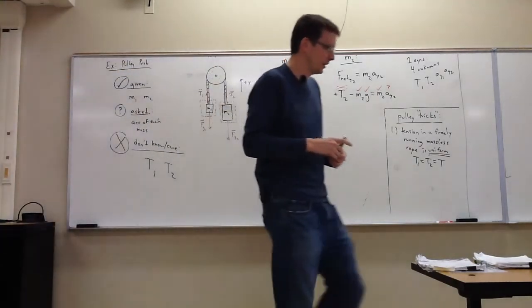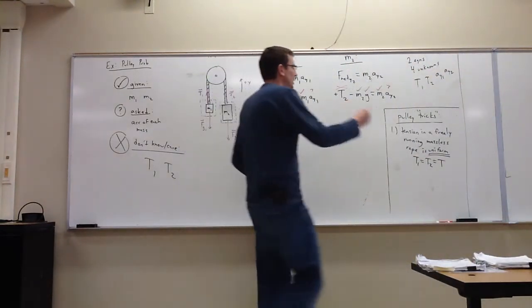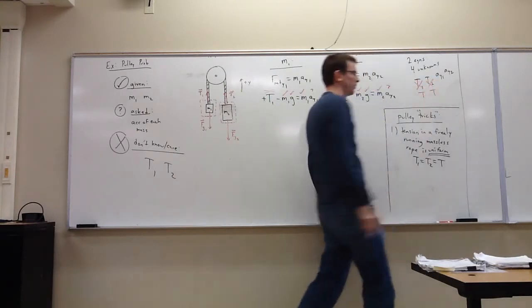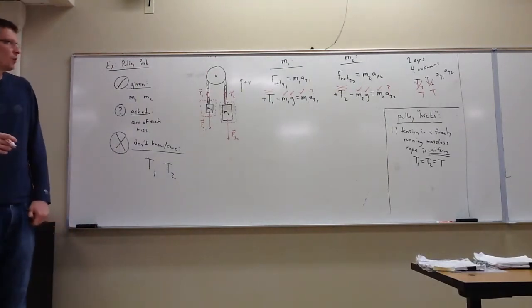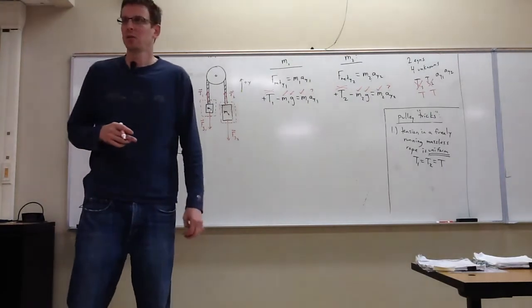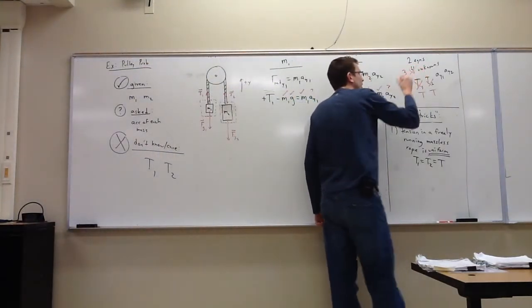So I can go over here to my situation and realize that my two unknowns here, T1 and T2, are really the same T. So while that unknown might appear several times, it is now the same unknown, and we are now at two equations and only three unknowns, okay?